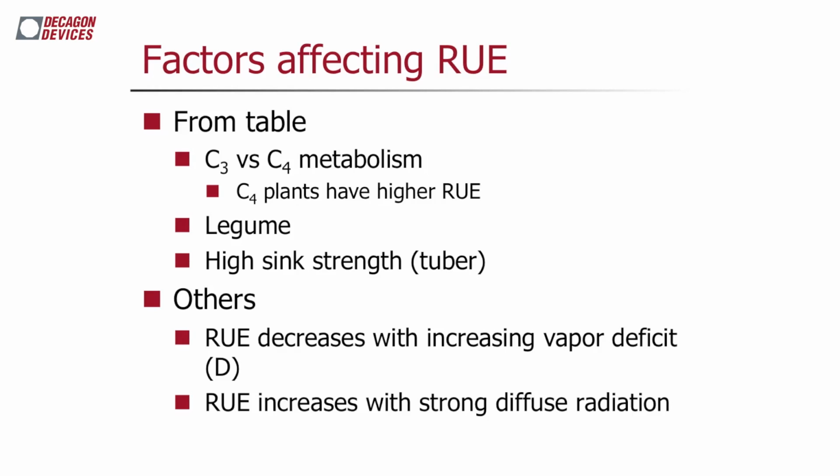Some other things that you ought to be thinking about are the fact that radiation use efficiency decreases with increasing vapor pressure deficit. And I said why that might be, because we are exchanging CO2 for water vapor. If there's a bigger sink for water vapor, we can see that radiation use efficiency may be pulled down. And I already mentioned that radiation use efficiency increases with increasing or strong diffuse radiation.